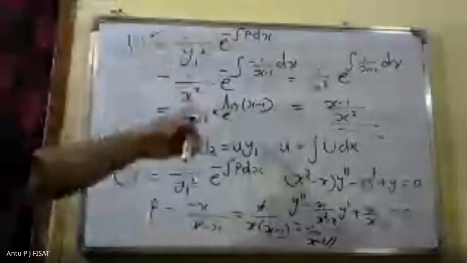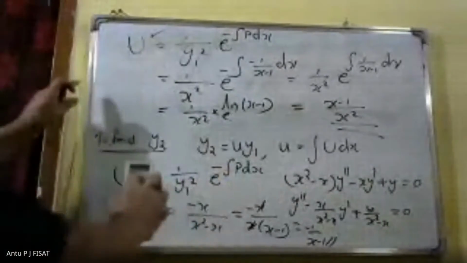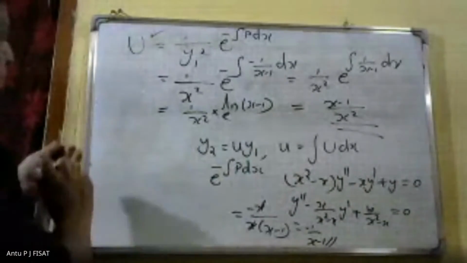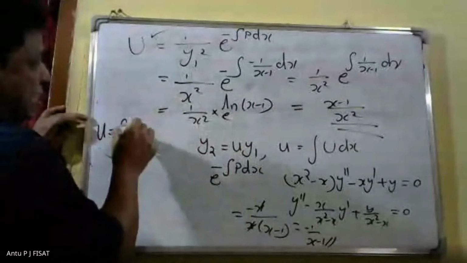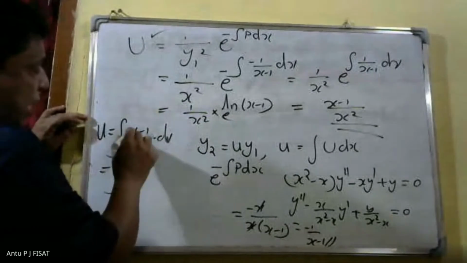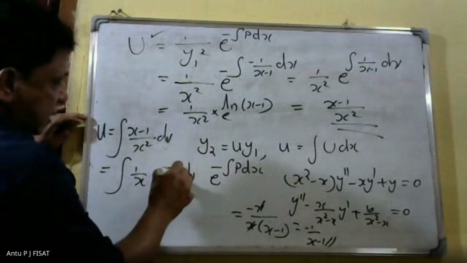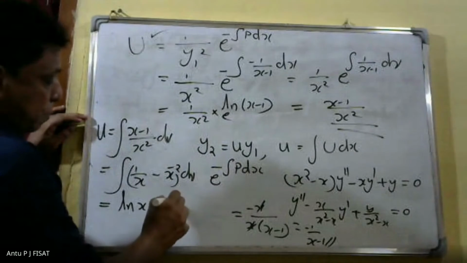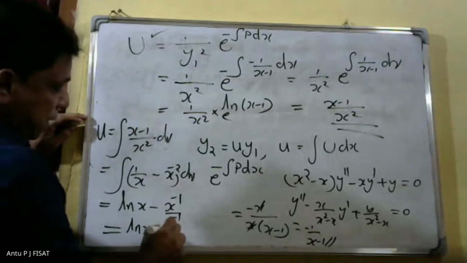Then, by using this U, we can find out the value of small u. To find the value of small u, u is equal to the integral of U dx. That is the integral of (x − 1)/x² dx, which is the integral of 1/x − x^(−2) dx. Integrating with respect to x, we get ln x − x^(−1)/(−1), that is ln x + 1/x.